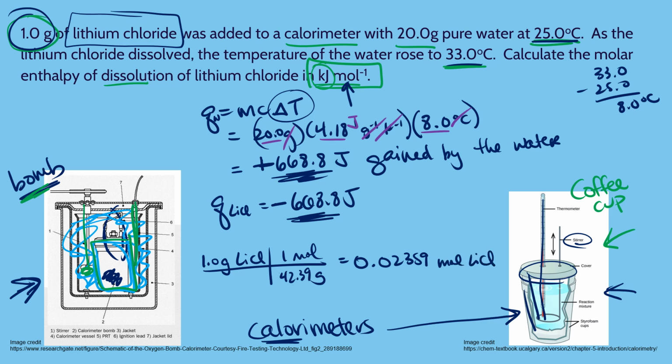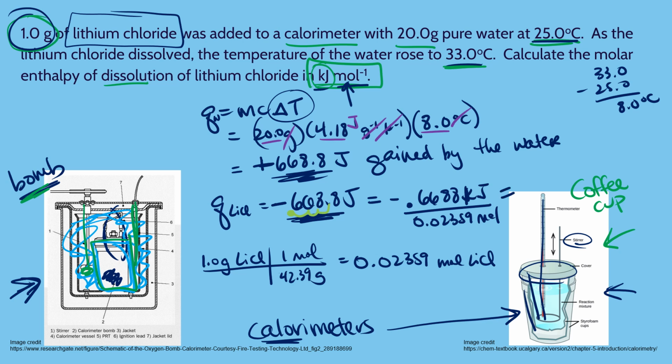So I want to find kilojoules per mole. So I'm going to take my joules and convert them to kilojoules by dividing by 1,000. That's moving my decimal place backwards 1, 2, 3 times. So negative 0.6688 kilojoules per 0.02359 moles.